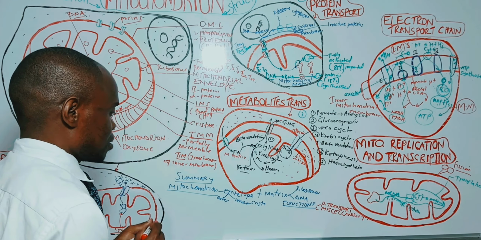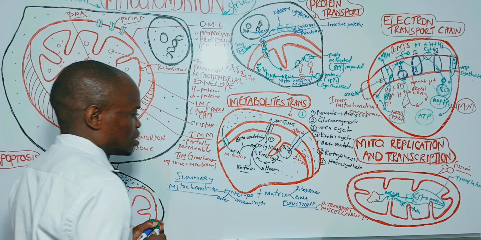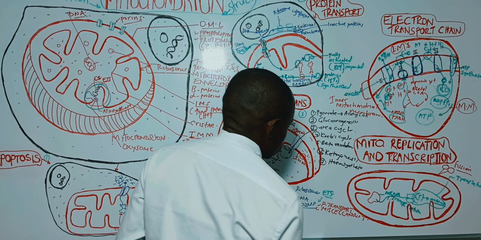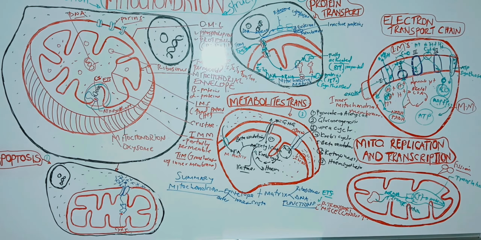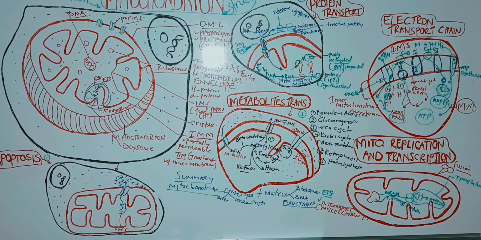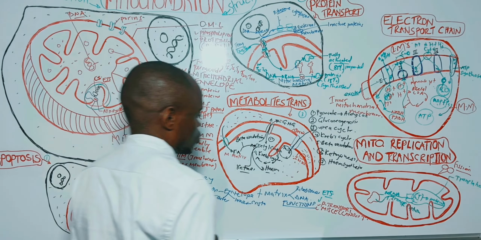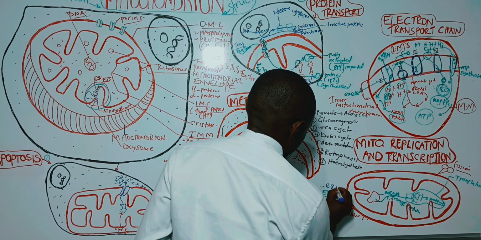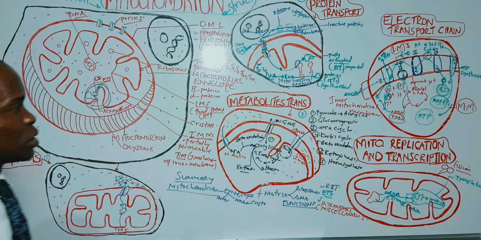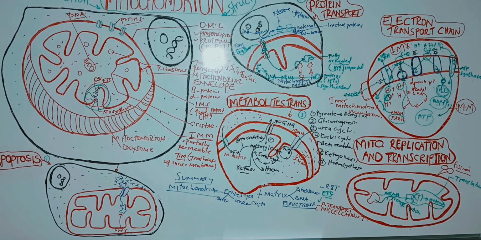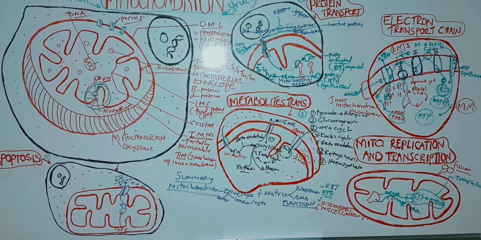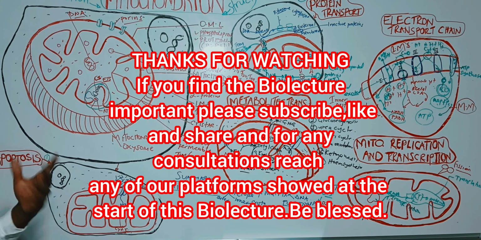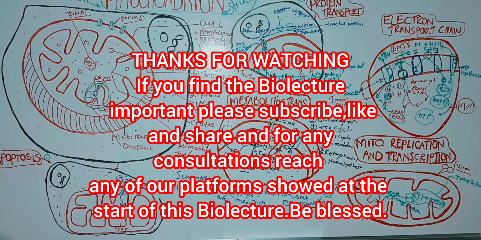Then we also said that it is very important in the ETS. Then the mitochondria is also very important in replication and transcription. Those are the features, the functions of the mitochondria.